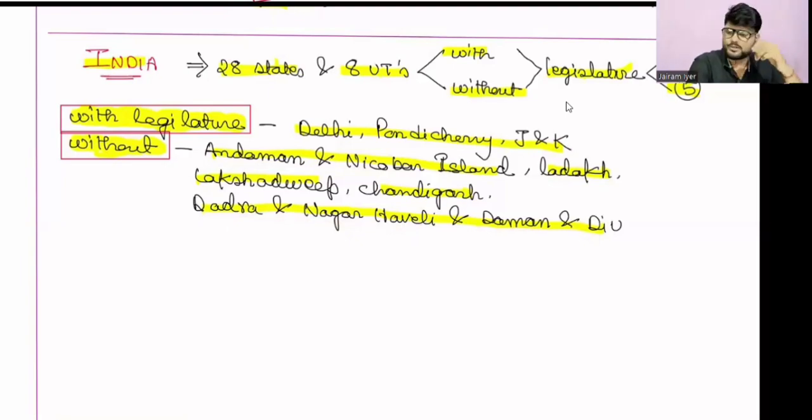So you have to remember this. If you see geographically, there are 28 states and 8 UTs. But among those 8 UTs, there are three which have their own state legislature, meaning they have their state government over there. What are those? Delhi, Pondicherry, and Jammu and Kashmir. So as per the GST, there are 31 states and 5 UTs.